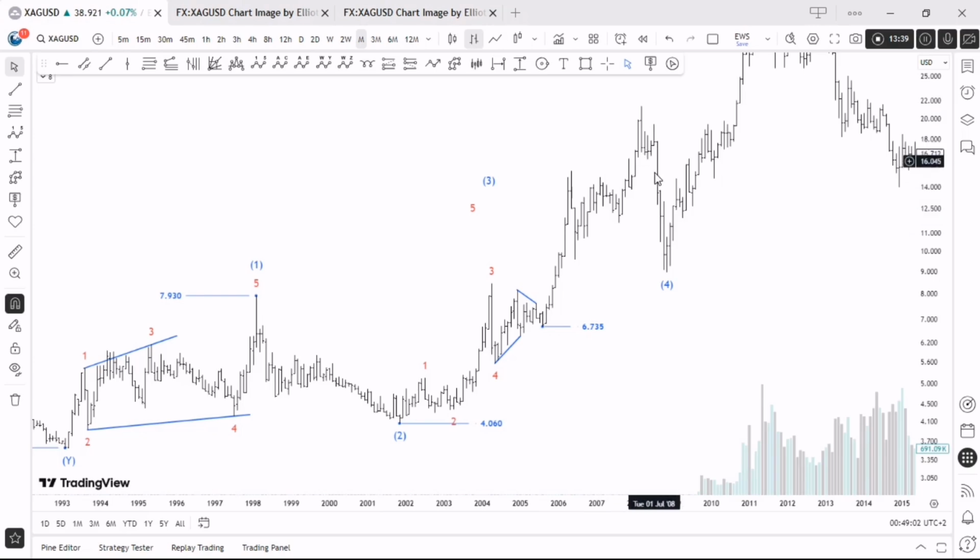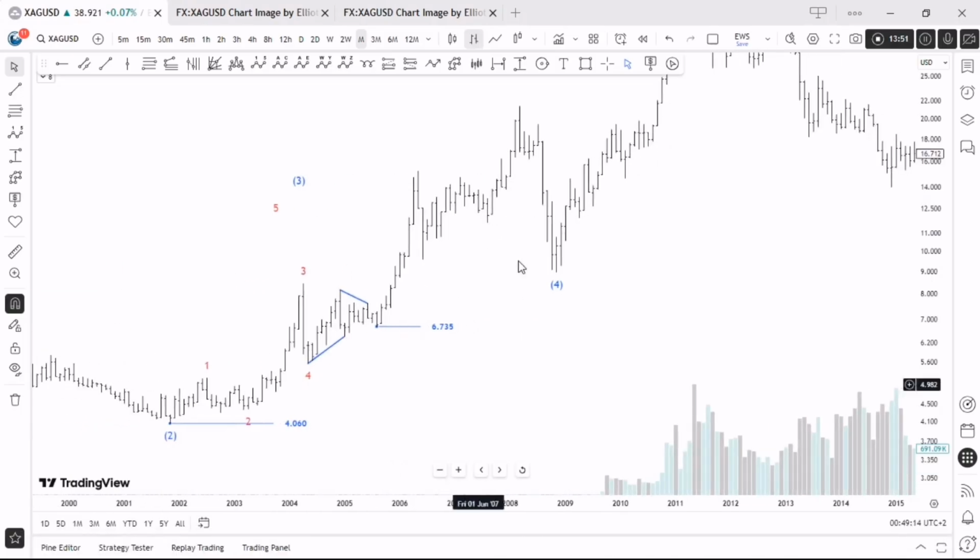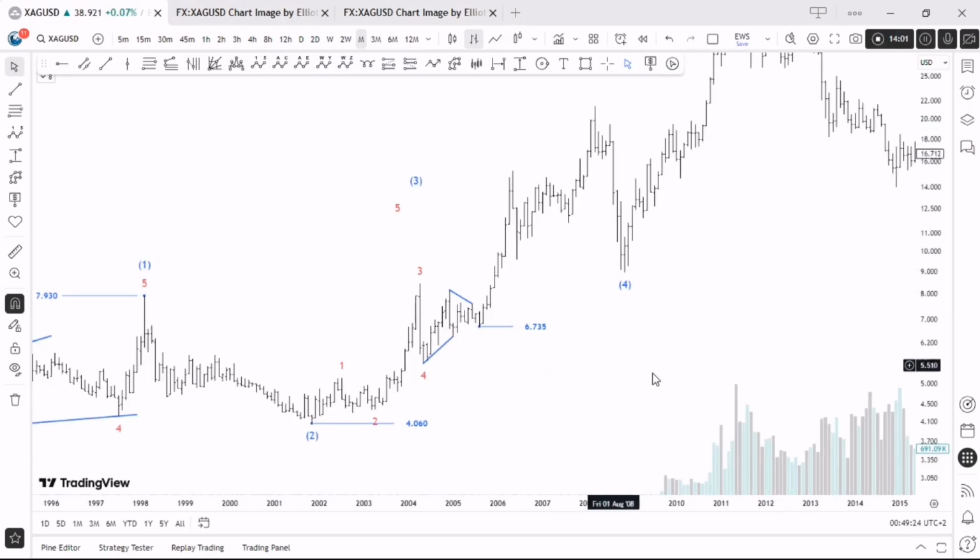And then if you look closely on this decline, I believe this is 1, 2, and then you can see there's this sideways movement here. Because if you count here, let me just zoom again, I believe this is 1, 2, and then 3, 4, and then 5. So it would be 1, 2 maybe, and then 3, 4, and then 5 right here. It would be more reasonable.